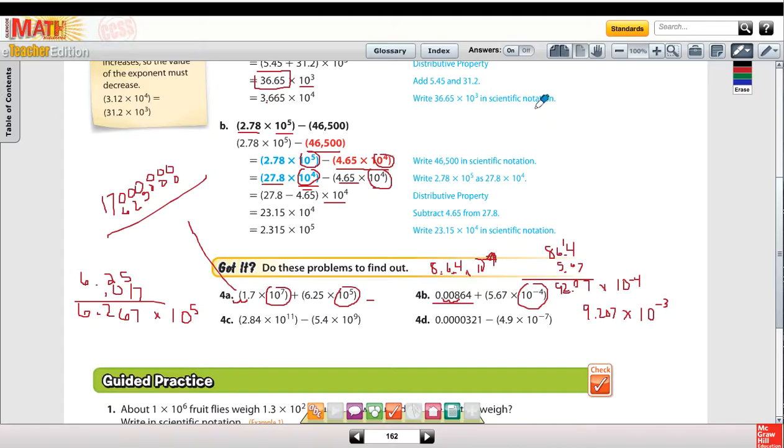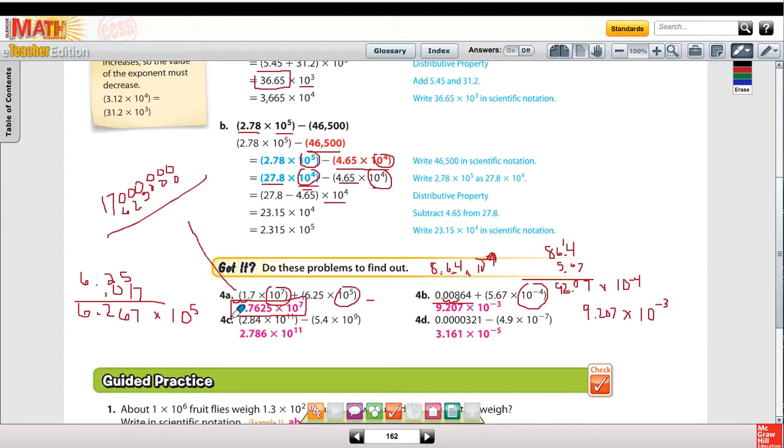But let me go ahead and turn those answers on for the other ones. And I did not get the same answer there on that one that I did when I worked it out.